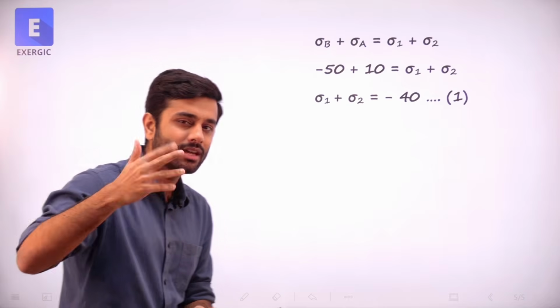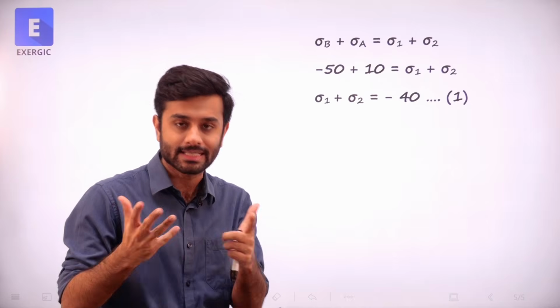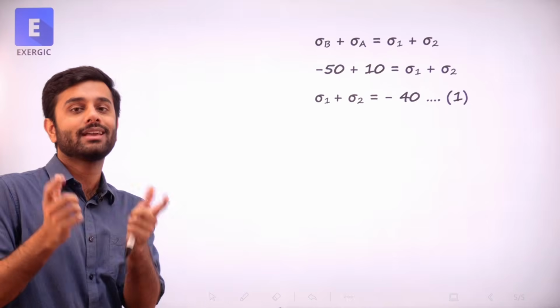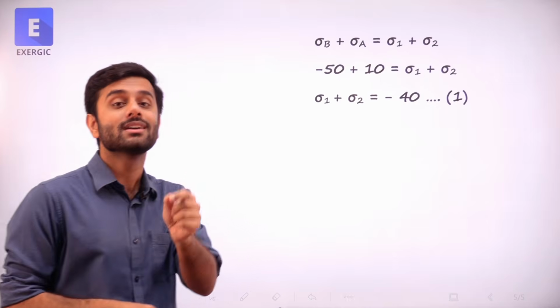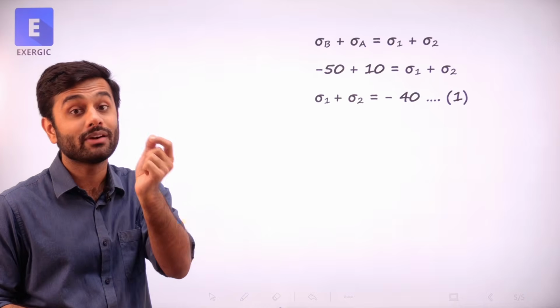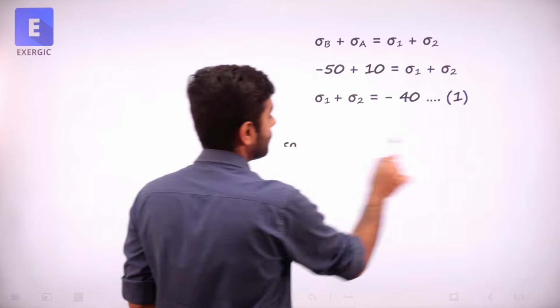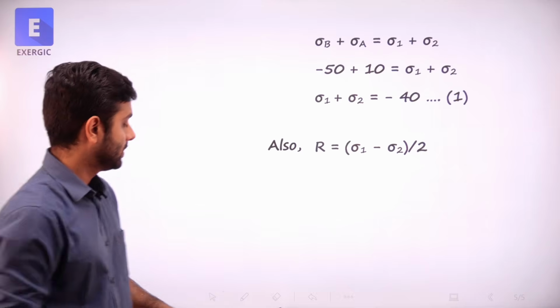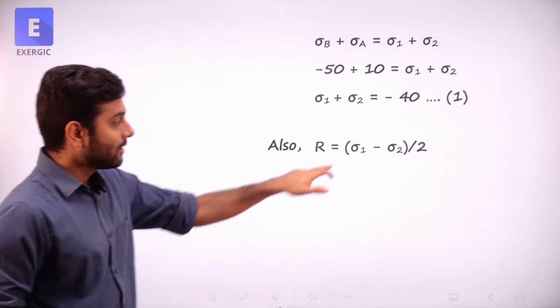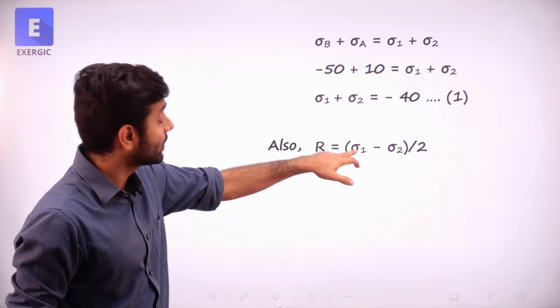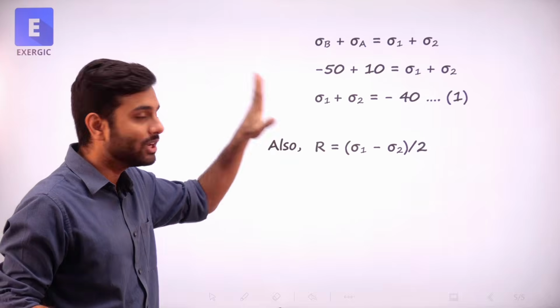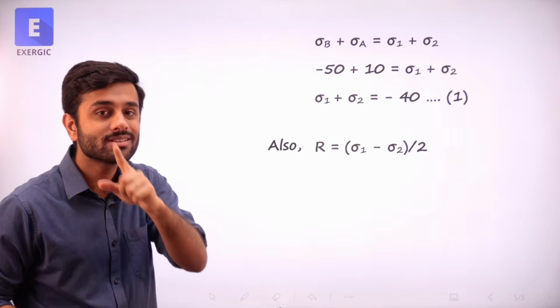Is there any other way in which we can relate sigma 1 and 2? Yes, by radius. The expression we know is sigma 1 minus sigma 2 divided by 2, the radius for any Mohr circle. Correct? Here, sigma 1 and sigma 2 are unknown, the R value is known to us. The R value was 50.